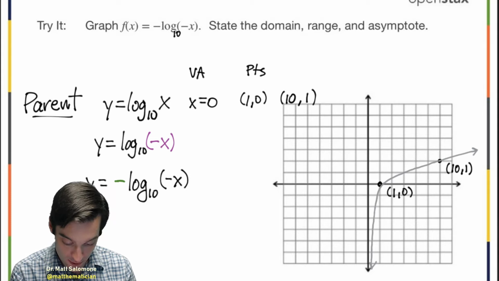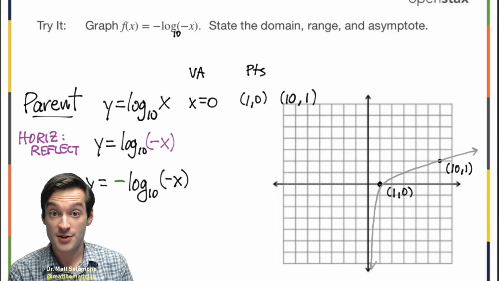So these are the two steps that we're going to go through to get from our parent function to the function that we really want to graph. And each of these steps is a transformation that we understand. In the first case, when I replace x by minus x, what I get is a reflection. I get a horizontal reflection. It's horizontal because we're affecting the x variable.